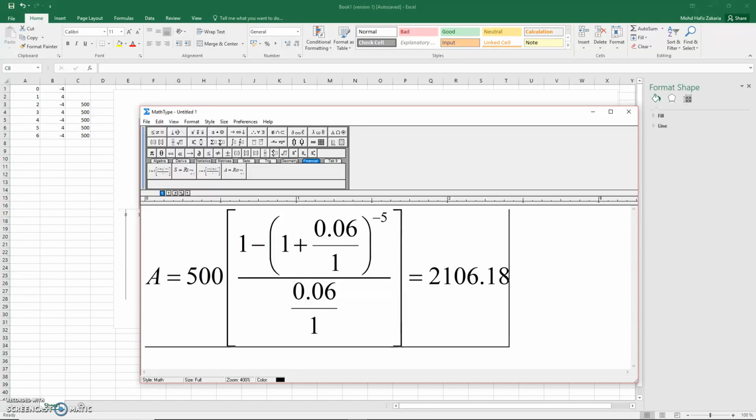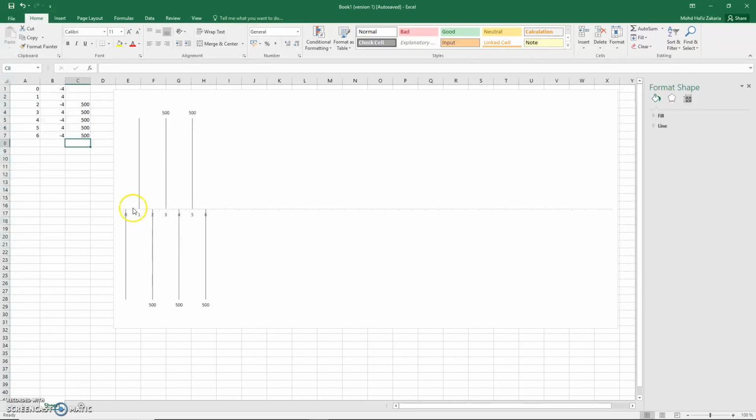2106.18. So this present value, 2106.18, is the present value at this point. It is not the present value that the question wants. The present value that the question wants is the present value at this point, which is literally the present.